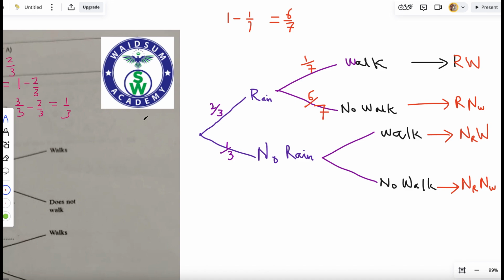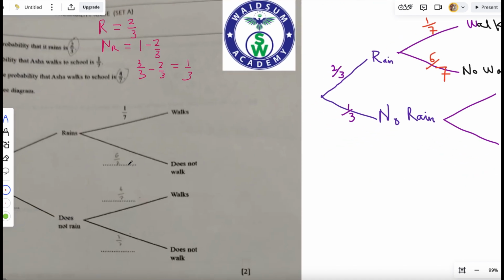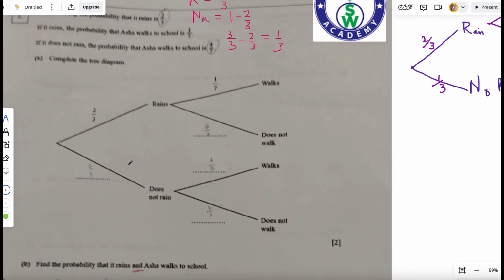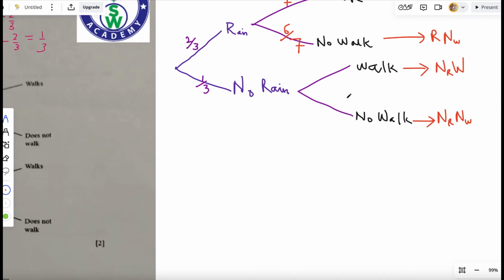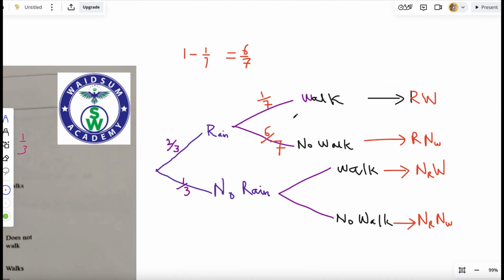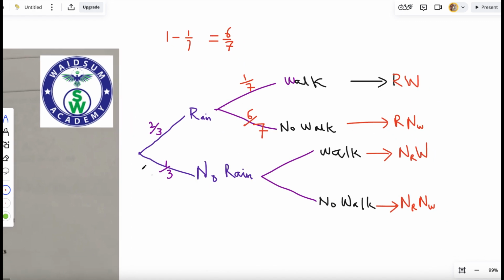Now let's go to the question further and see the more instructions being given to us. Now you say, if it does not rain, the probability that I shall walk to school is 4 over 7. Now let's go to where there is no rain. We're done with the up branch. If it does not rain, you have to come here.